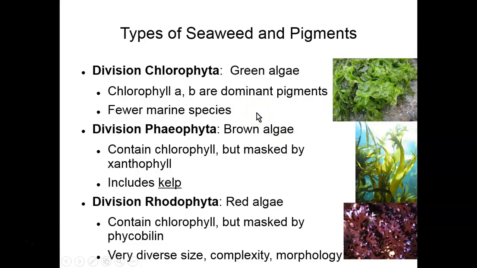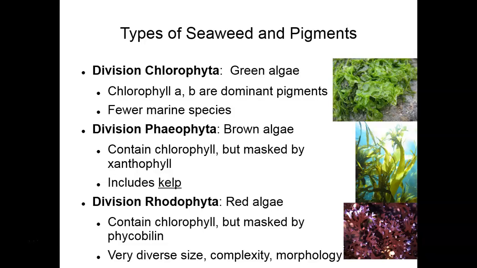Then we have the division Phaeophyta, which are the brown algae. Anything that is photosynthetic will contain chlorophyll, but some have other pigments called accessory pigments that will essentially mask the color of the chlorophyll.